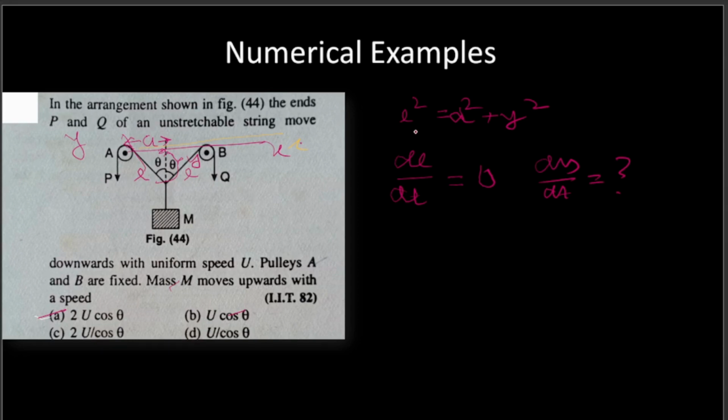Now taking the derivative with respect to time t of equation 1, we use the formula that we discussed earlier, that d/dx of x to the power n is n into x to the power n minus 1.